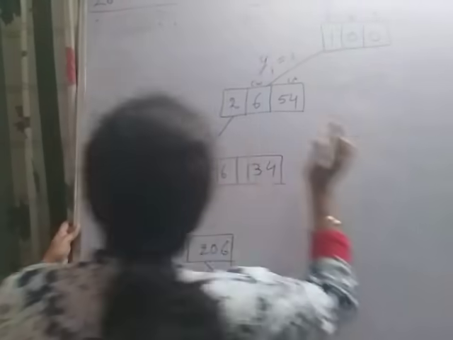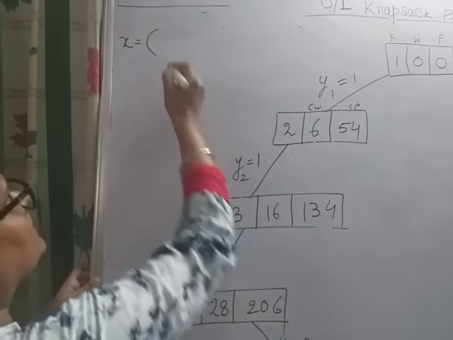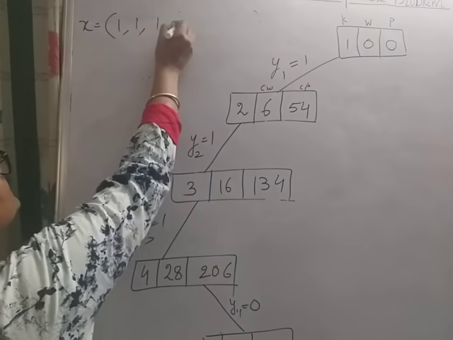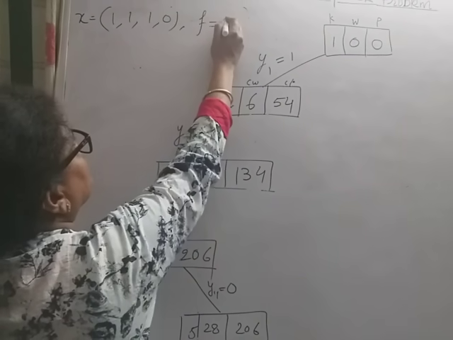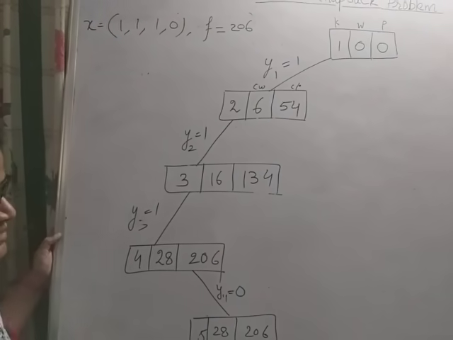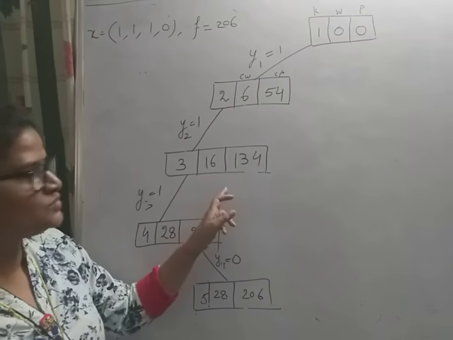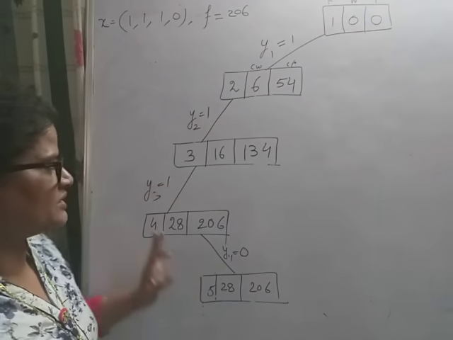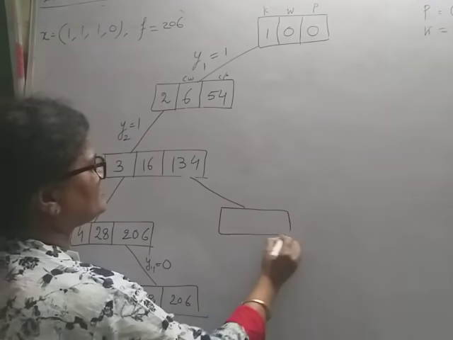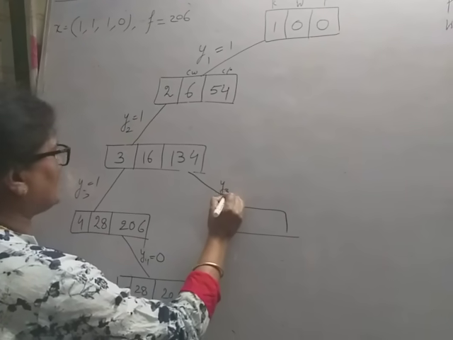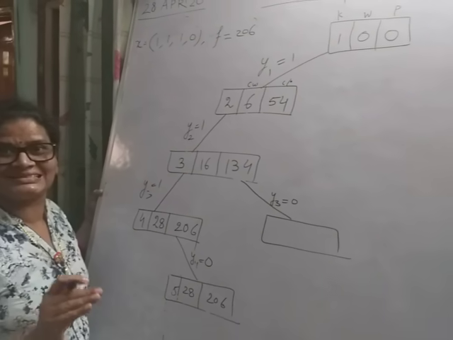One solution vector is generated so far. X is equal to 1, 1, 1 and 0, and its profit is 206. Remember that this is the global variable. Okay, now see here, whether to move to this branch or not. So suppose here I am taking y3 equal to 0. What about if the third weight is excluded?